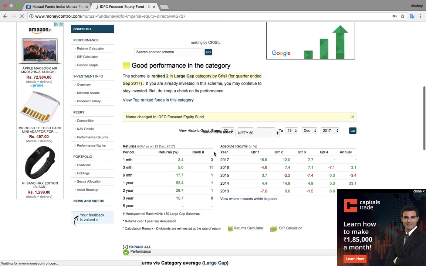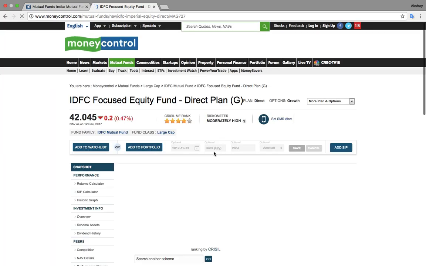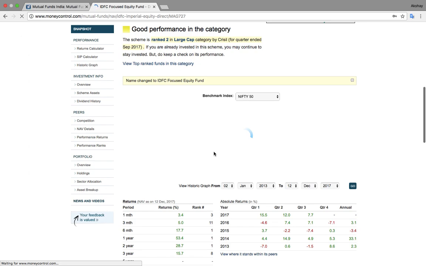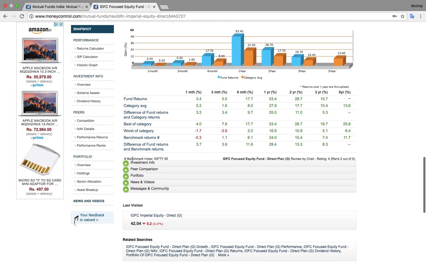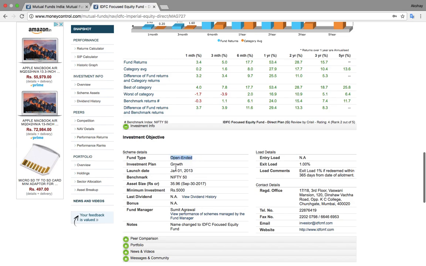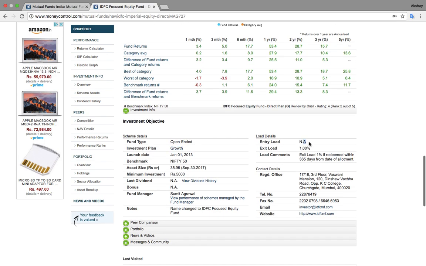Okay, see, you can click here investment info. Here you can see this is open-ended scheme, investment plan is growth, then entry load NA, there is no entry load, but exit load 1%.